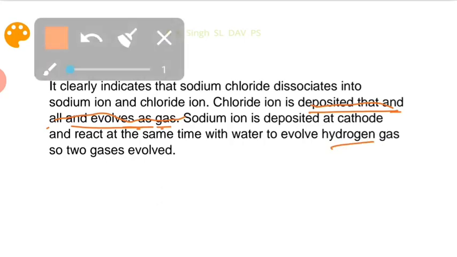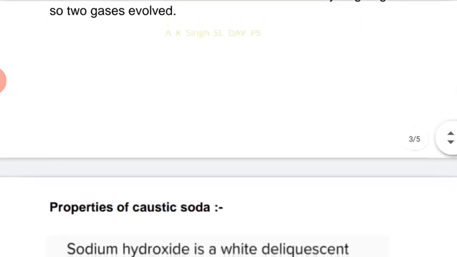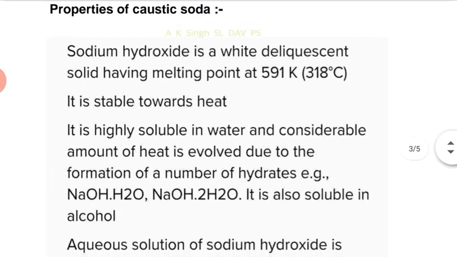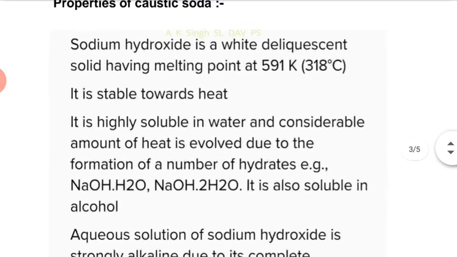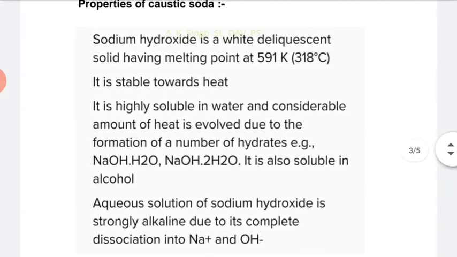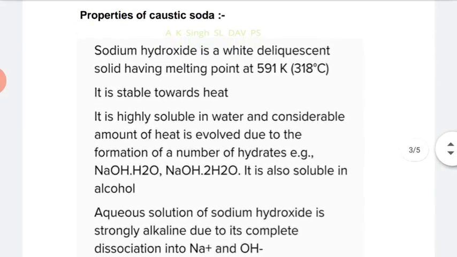Now next is properties of caustic soda. There are two types of properties. One is physical properties and the other is chemical properties.